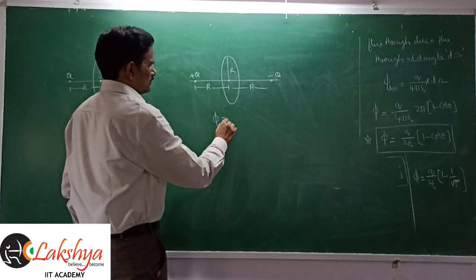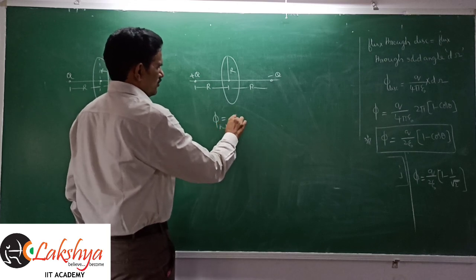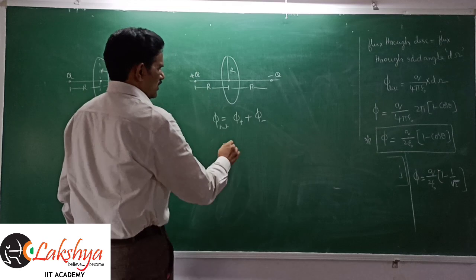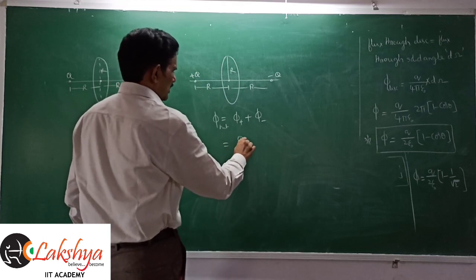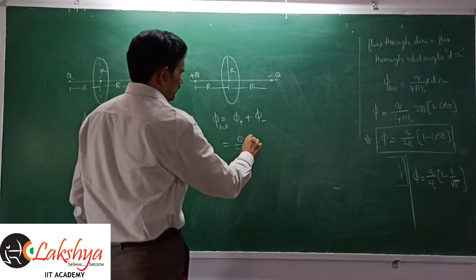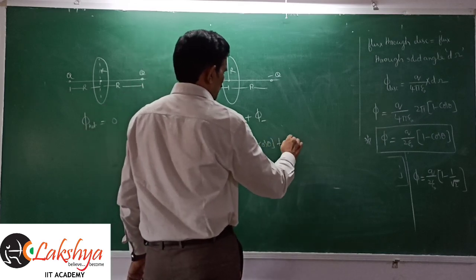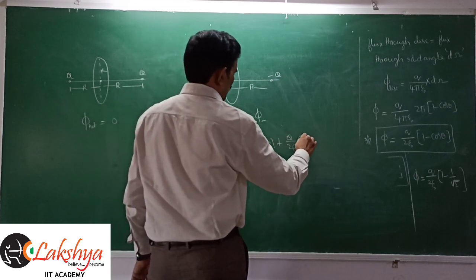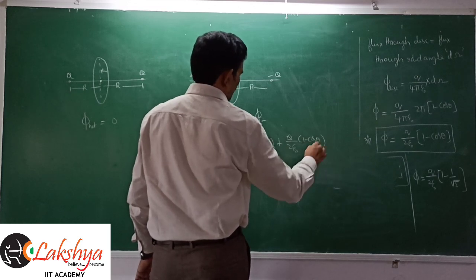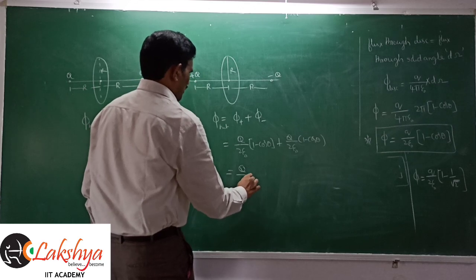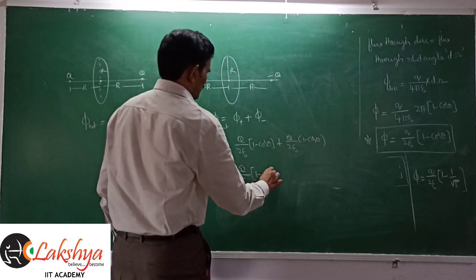So this net flux will be equal to the flux due to the positive charge plus the flux due to the negative charge, and so we can write this as capital Q by 2 epsilon naught into 1 minus cos theta plus Q by 2 epsilon naught into 1 minus cos theta. That means you can just multiply by 2 here. So Q by epsilon naught into 1 minus cos theta we can write.